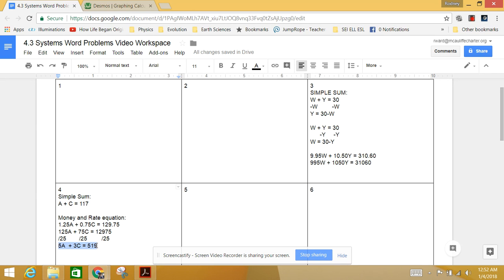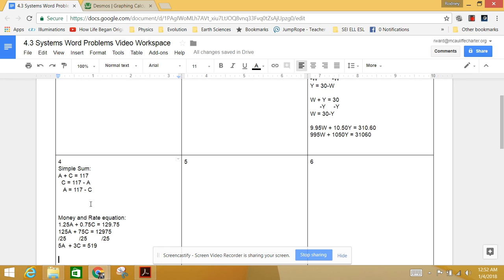And I have this. And this one, I could either do substitution by making this into C equals 117 minus A, or I can make it A equals 117 minus C. And now I have substitution options, or I could scale up everything in this equation.